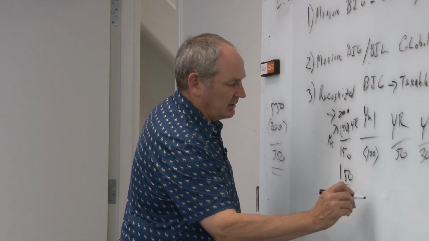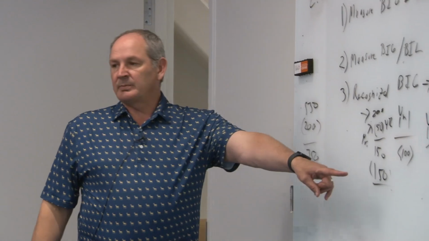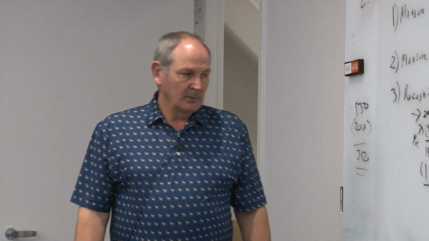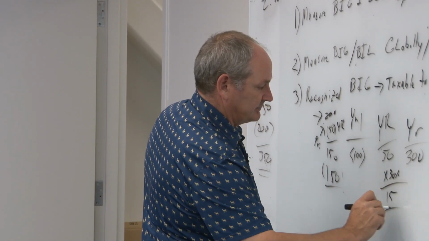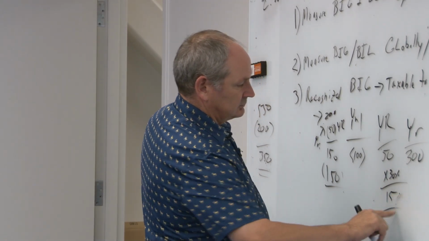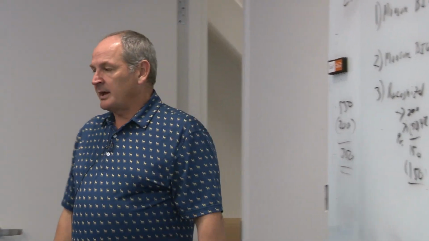So what's that mean when we have to recognize and pay tax on that? The entity, and I'll use a 30% tax rate, has to pay 30%, which is $15. Okay? So the entity now has to pay $15 to the IRS.